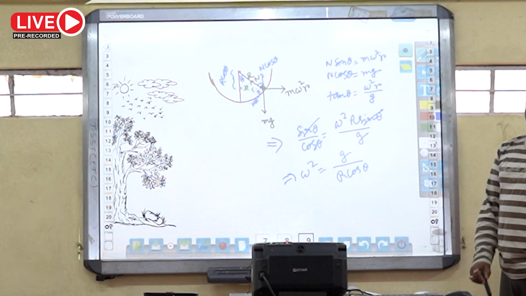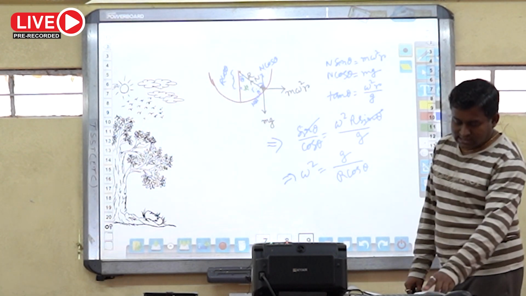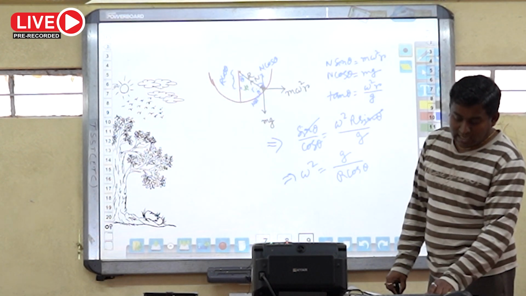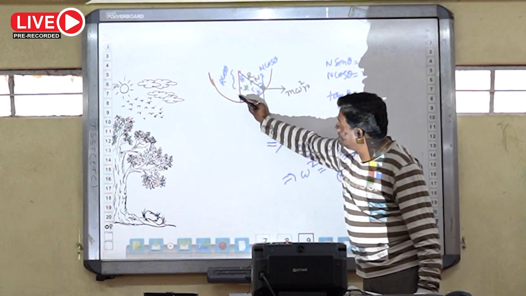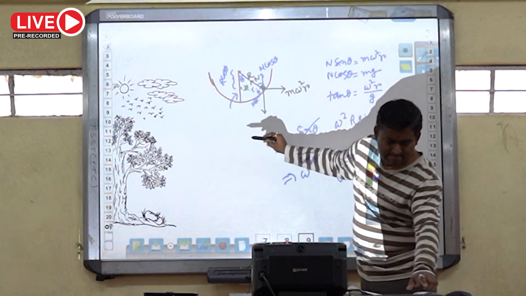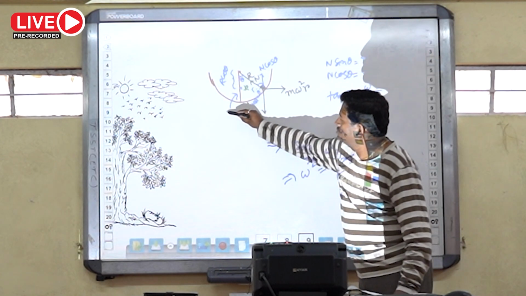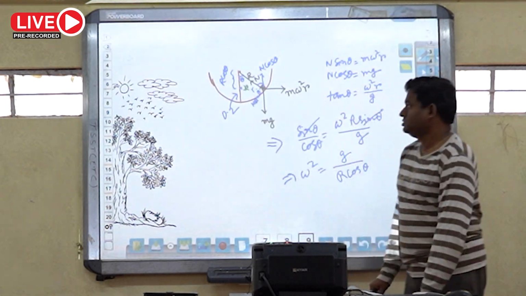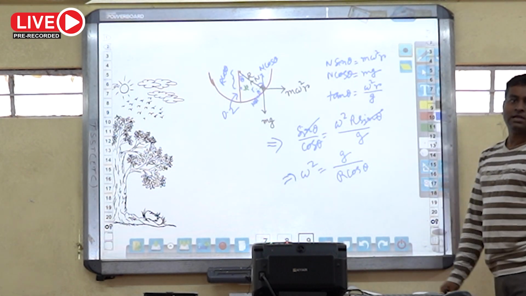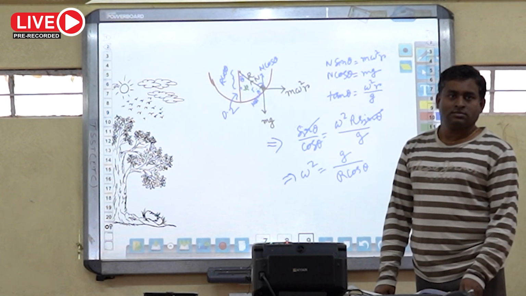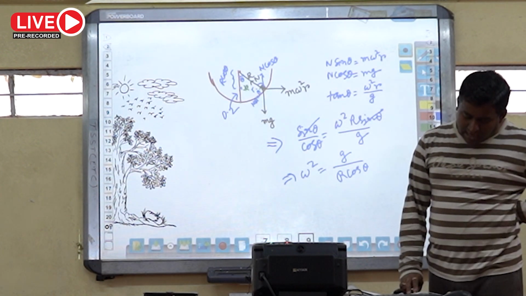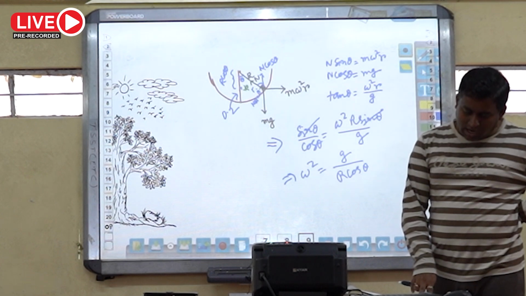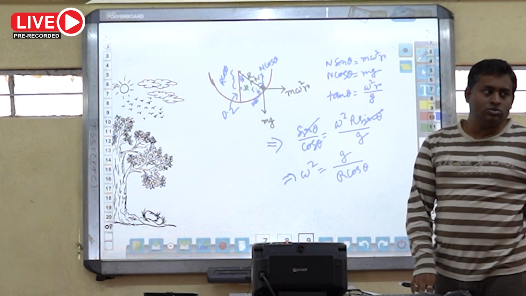And that length we can directly calculate. Because radius is given 0.5 and the smaller length, this small part, is given 0.2. So R cos theta will be capital R minus small r. So calculate capital R minus small r, that is 0.5 minus 0.2, that is 0.3.